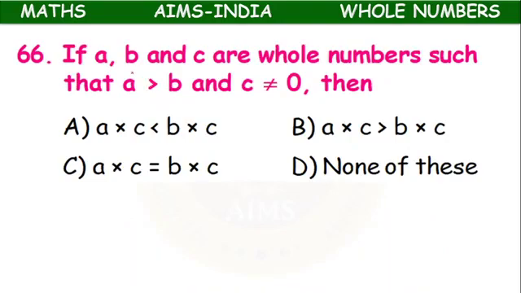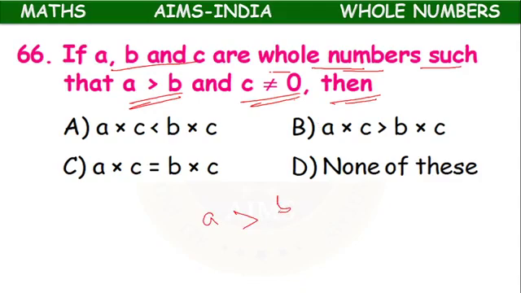Next. If A, B, C are whole numbers such that A greater than B, C not equals to 0, then what is the correct relation? A greater than B they have given. We have to find the correct relation among the following.